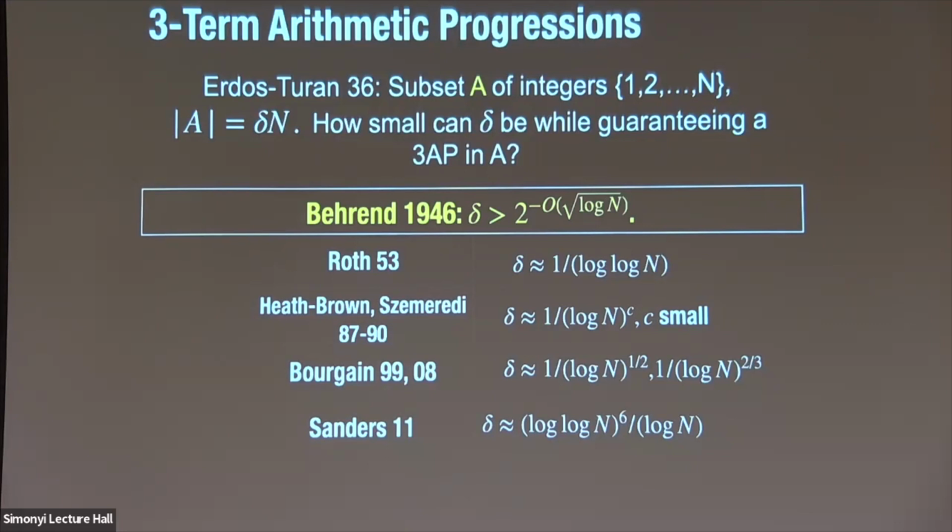Then Bourgain, in 1999 and 2008, improved it to 1 over square root log n and 1 over log n to the 2/3. Actually, Bourgain did not just improve the exponent, but introduced a number of techniques which have had significant impact on all of the subsequent works, even including ours. I'll say a little bit about that later on. There are many other works I'm skipping here, but I'm just mentioning the things that are relevant for the results that I'm going to present and how we use them.